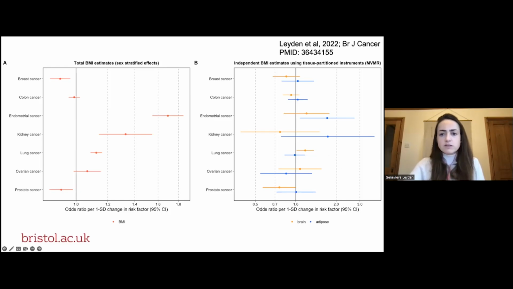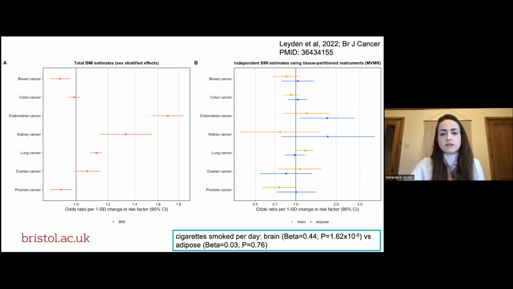In contrast, the results indicate that the positive effect of BMI on lung cancer is retained by brain BMI, while the adipose effect attenuates. This is further supported by a sensitivity analysis looking at cigarette smoking. So it could be that we're highlighting this neurological relationship between higher BMI, smoking, and lung cancer risk.